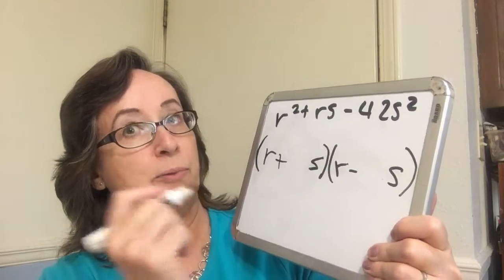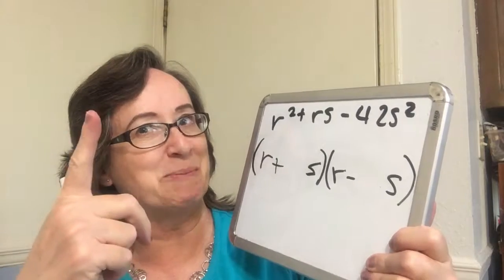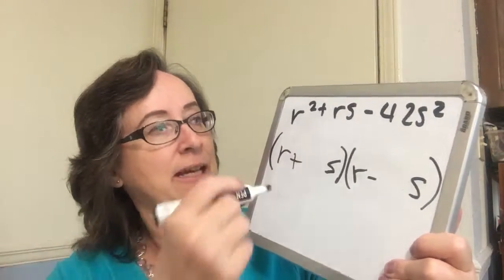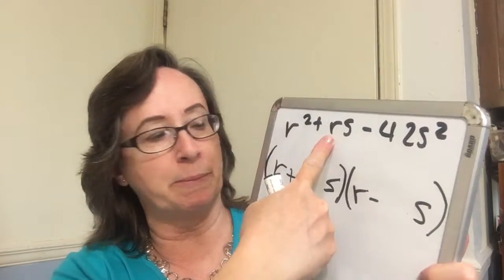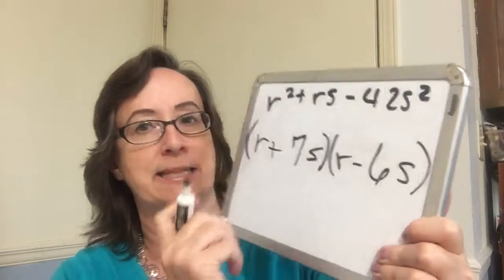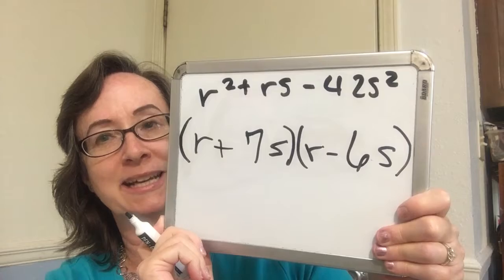Okay, difference of 1, product of 42. Can you think of two numbers that are only one digit apart that would give you 42? That would be 6 and 7. So I want the middle term to be positive, so I will make the 7 the positive one, the 6 the negative one, and when we FOIL that back together, we are good to go.